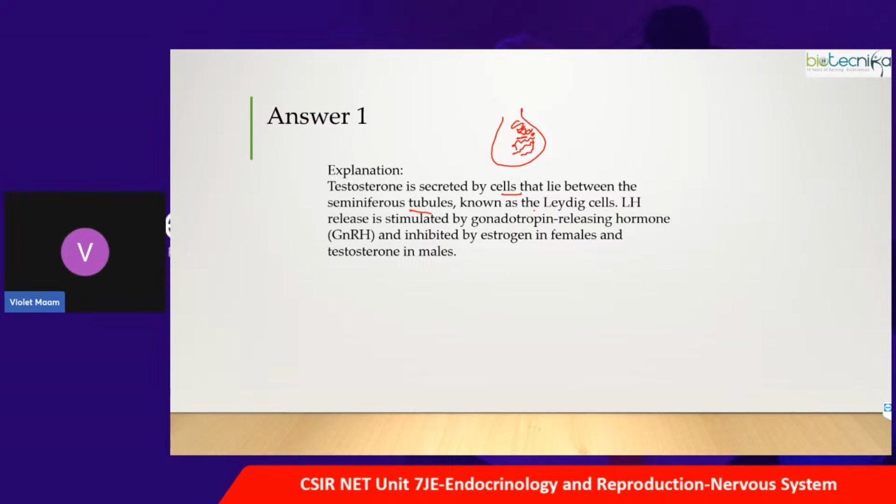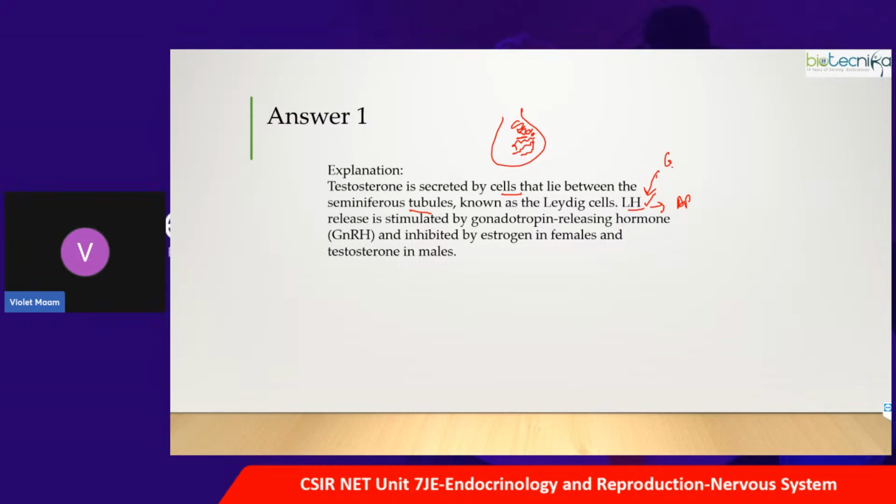And this testosterone can inhibit the release of LH. LH is luteinizing hormone, released from the anterior pituitary. What stimulates the release of LH?